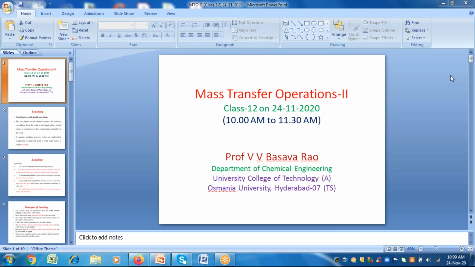Some oil seeds also have edible oil. This edible oil can be removed by using a solvent, and that also comes under the solid liquid operations. And you can also see in the metallurgical industry, the solid liquid operations play a vital role in getting metals separated.